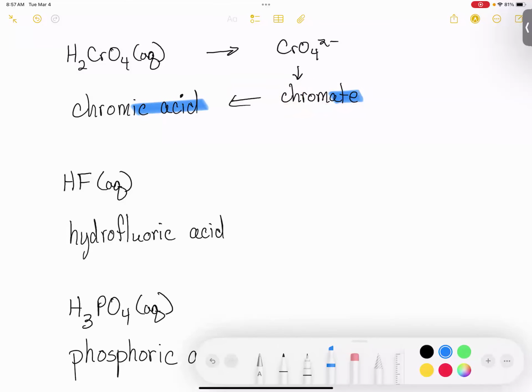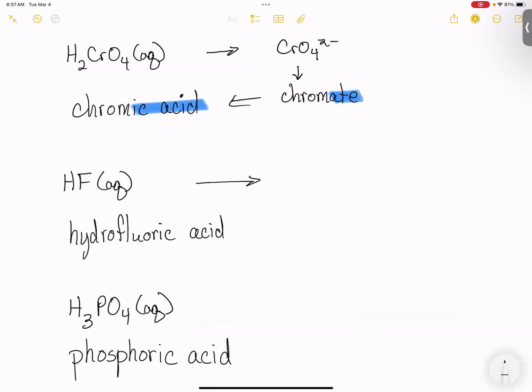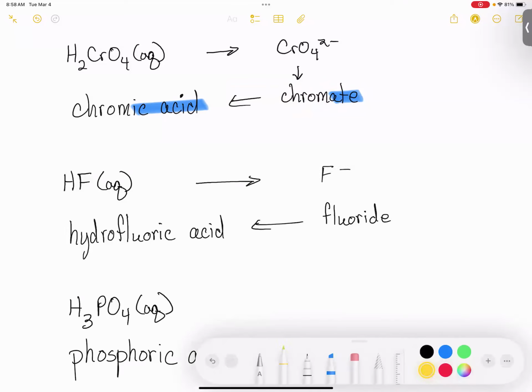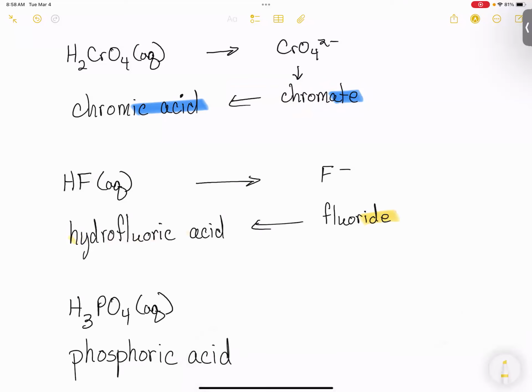The next one in line, the anion that it came from is F-, which is simply fluoride. Because of the ending -ide, it gets the prefix hydro- followed by -ic acid.